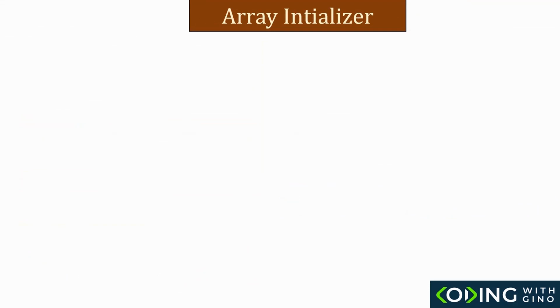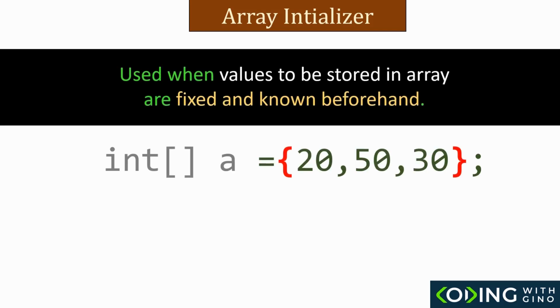So, we know how to create an empty array that gets default values. The syntax we learned so far for creating an array is used when we want to store data in the array that will only be available dynamically at runtime based on user interaction. However, when the values to be stored are available, there is an easier way to fill up the array.